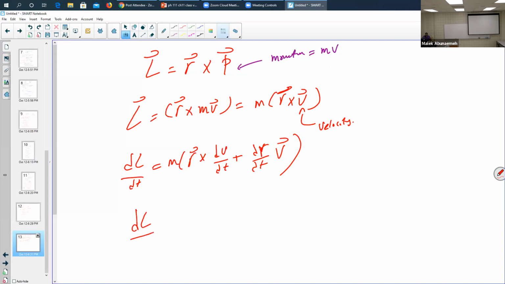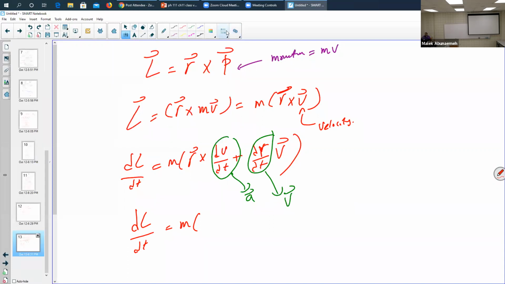So your dL over dt is going to equal m. Now, dv over dt, what's your velocity over your time? That's your acceleration. And what is distance over time? That's your velocity.